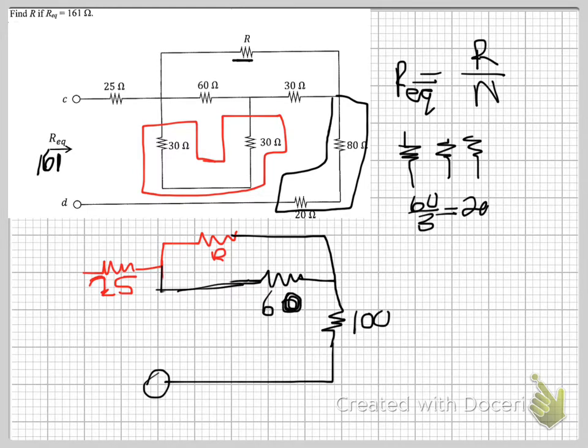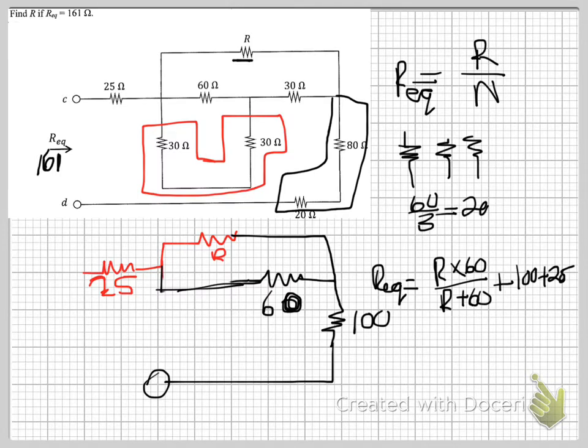So you've got R multiplied by 60 over R plus 60, and that is being added to 100 and to your 25. This is your R equivalent, right? The R equivalent of this whole circuit.